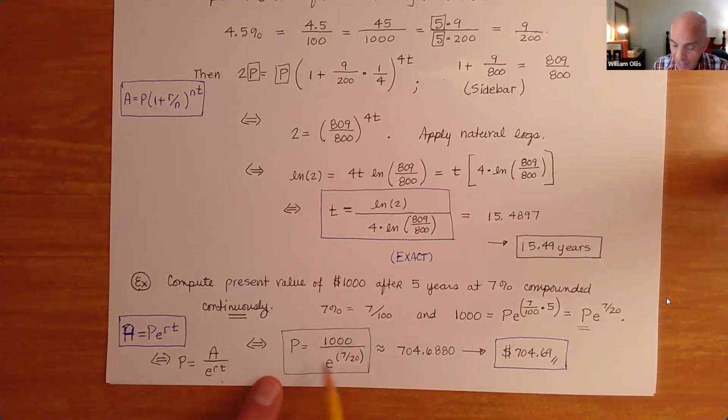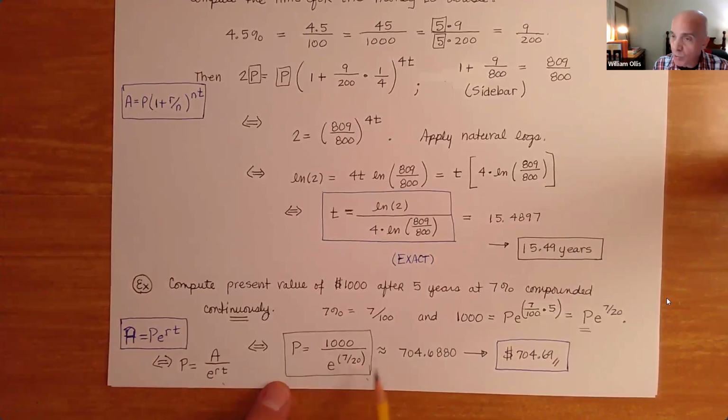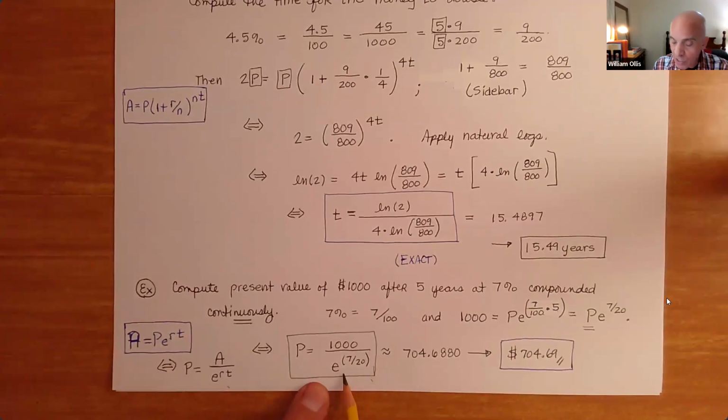So now we have an exact expression here. All you would need to do is get an approximation for E raised to the 7 over 20 power. Now what's interesting about these exact computations is that they can be a little bit mysterious. You have to think about what's going on with the problem.